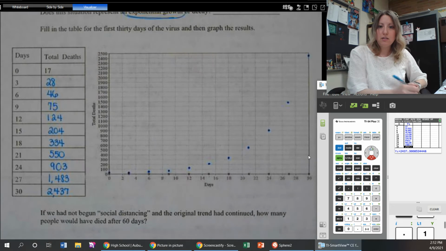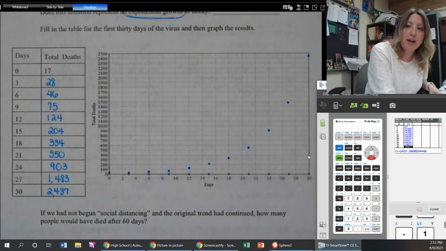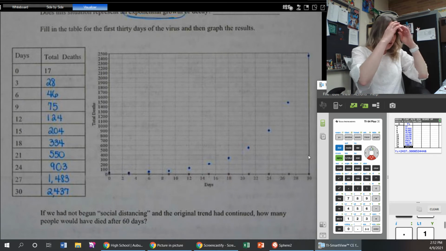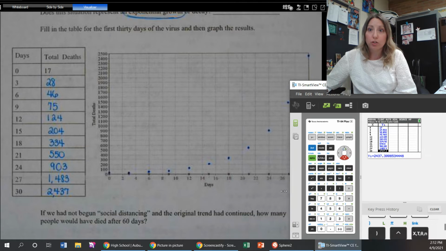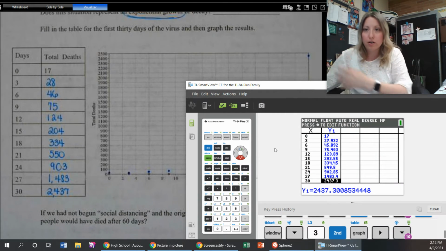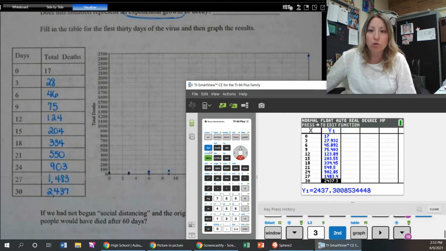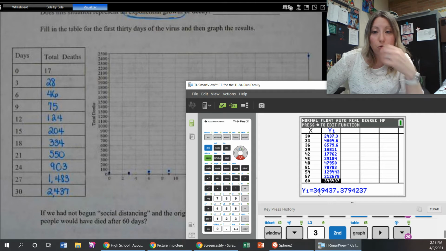And that is why social distancing was put into place right there. And if we hadn't begun that, how many people would have died after 60 days? Okay. So what was that trend looking like, and how scary was that trend for us to really say, we better stop, we better, well, mask wearing came in after the fact, but we better do what we can to stop this, because another month of this trend would have led us to 349,437 deaths.